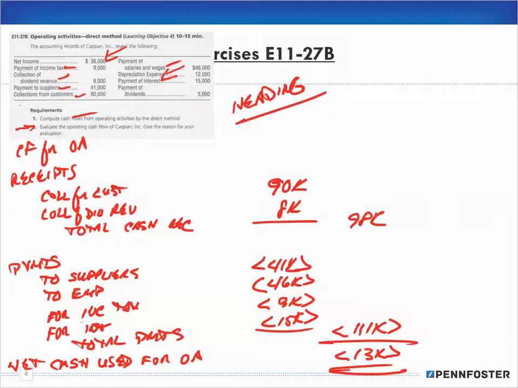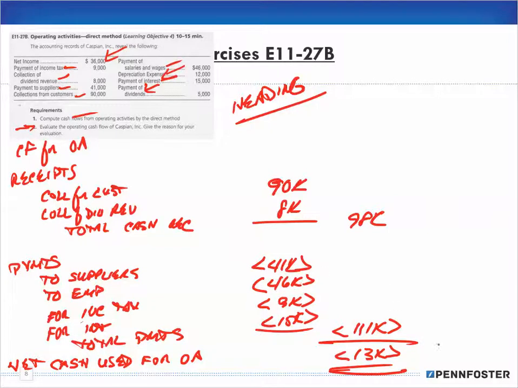We also use the depreciation expense when we're using the indirect method, because we're pulling that depreciation expense out of the net income in order to get just the cash portion of the net income. And we also have this payment of dividends. Remember, the payment of dividends will end up in the financing activity section of the statement of cash flows. So that's why we didn't use those particular numbers.